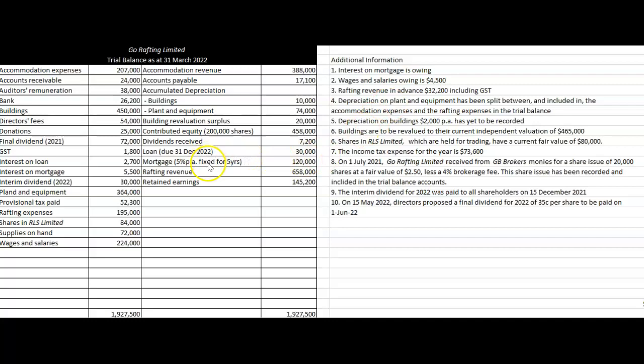You see here's the mortgage here, 5% for 5 years. Mortgage is $120,000. 5% of $120,000 is $6,000, and you can see we've only got $5,000 there. So on yours, you're going to cross out that $5,500 and write the new figure, which is $6,000, an increase of $500.